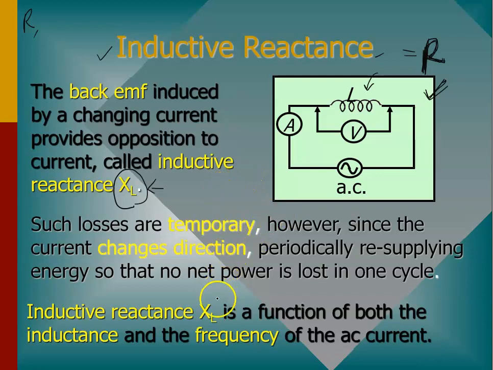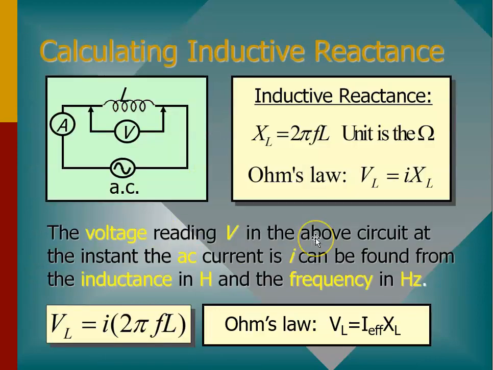So inductive reactance is a function of both the inductance and the frequency of the AC current. Hence, the equation of inductive reactance for an inductor in an AC circuit can be written as this equation.